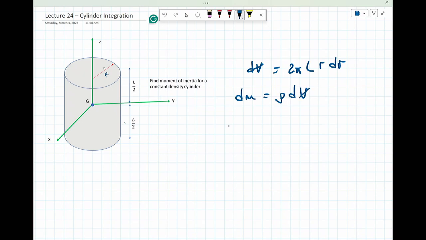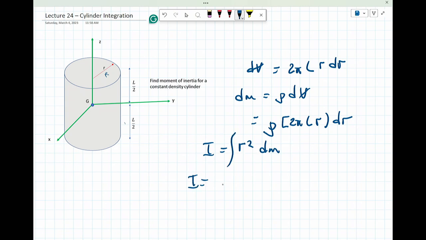dm equals rho dV, which is rho 2 pi L r dr. I is equal to the integral of r squared dm, and then you just put terms in.